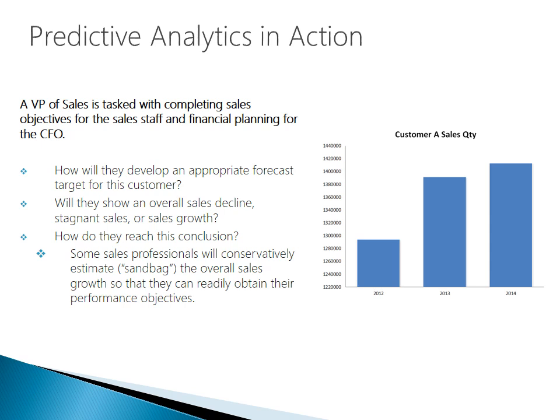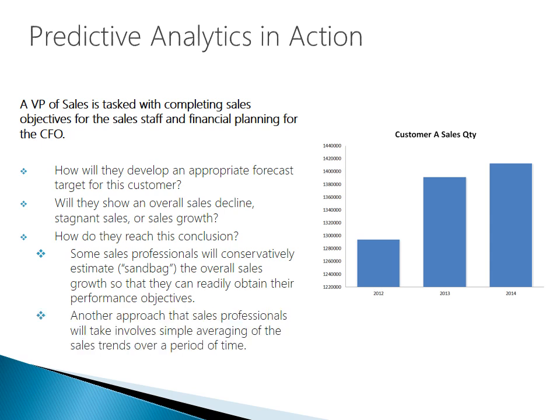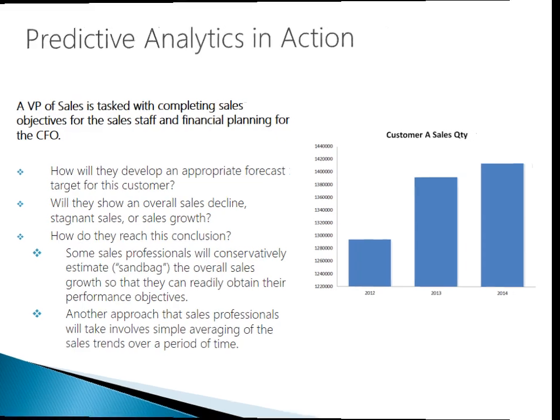So some sales professionals will use the sandbagging approach. Another approach I've seen professionals take is that they'll do some simple averaging. They'll look at sales trends over a period of time, and they'll create really a top-down figure that is based off of some historical information.